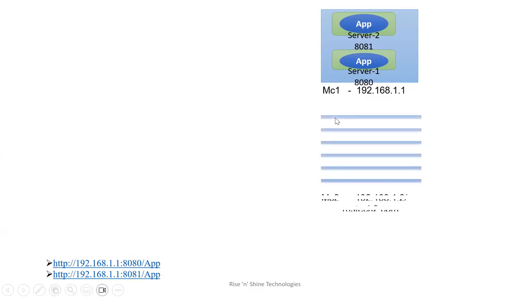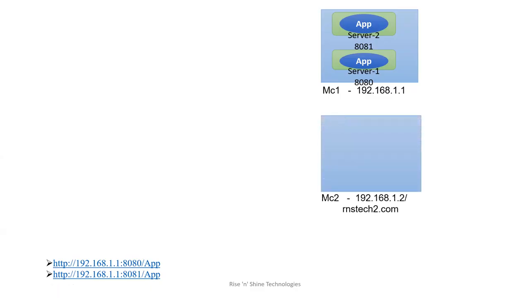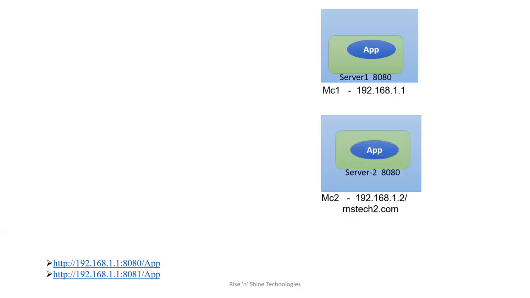So what do we need to plan? At least two virtual machines we need to plan. And those two services, the two Tomcat servers, instead of launching them on a single machine, launch them on two different machines. Machine 1 is 1.1 and machine 2 is 1.2. Whenever the IP addresses are different, the ports can be the same or different, right?